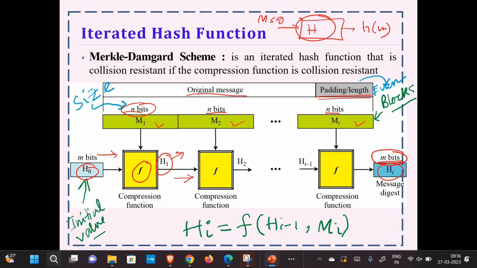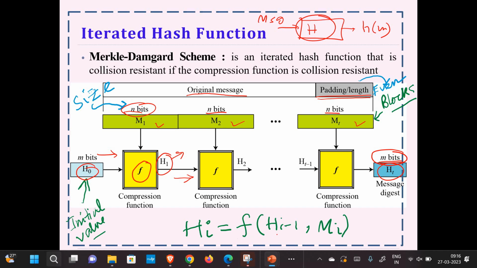This whole discussion is based on that h. Finally, based on that final h, we append it to the original message and encapsulate it, generating some kind of an image of the message, which we have already discussed for the message digest.